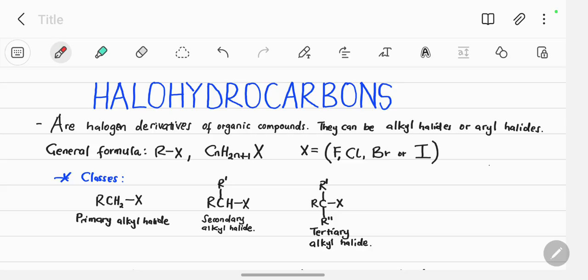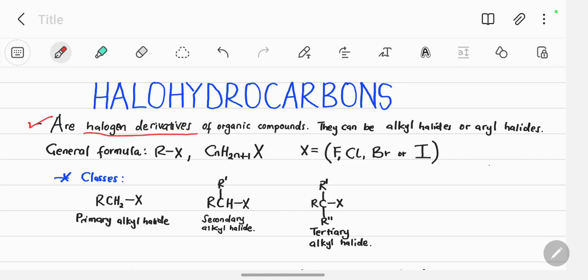Going to look at halohydrocarbons, and I'm having some notes here, some theory. We shall call it the introduction, and we shall begin with that part there where we have halohydrocarbons are halogen derivatives.